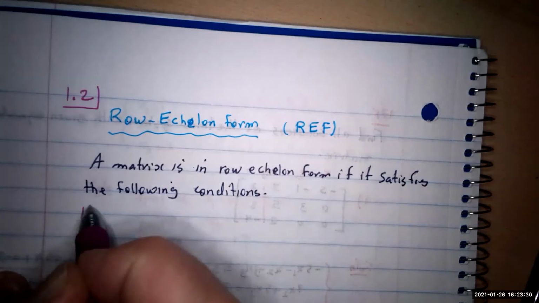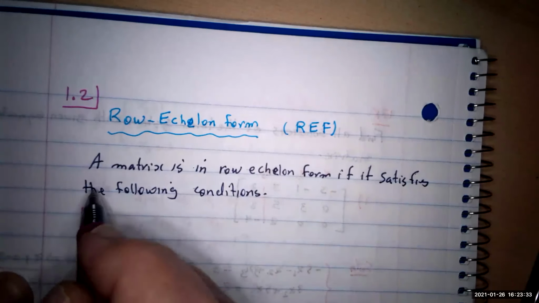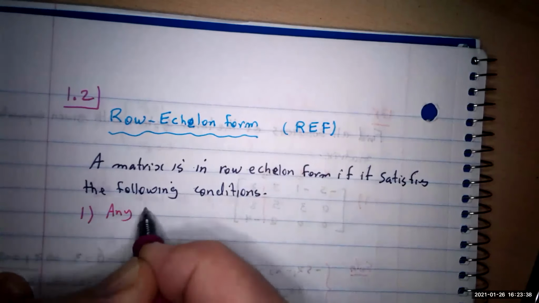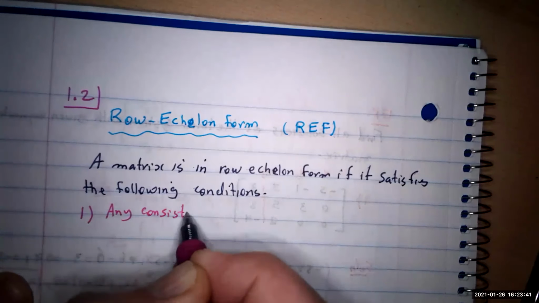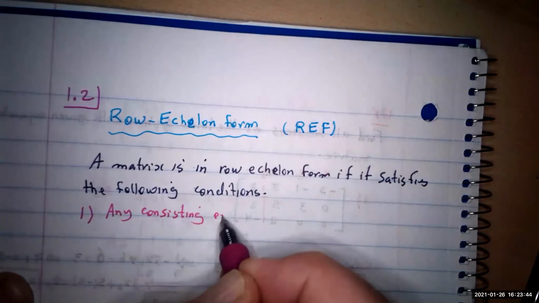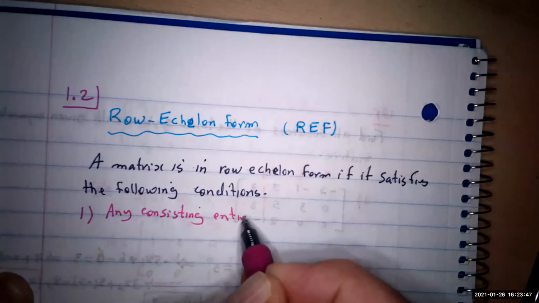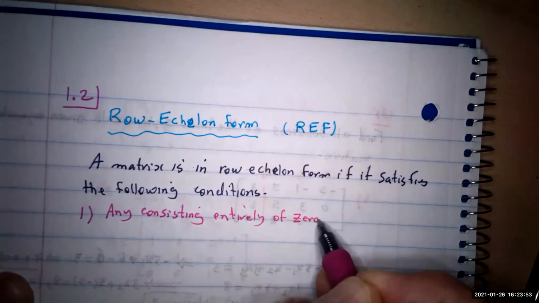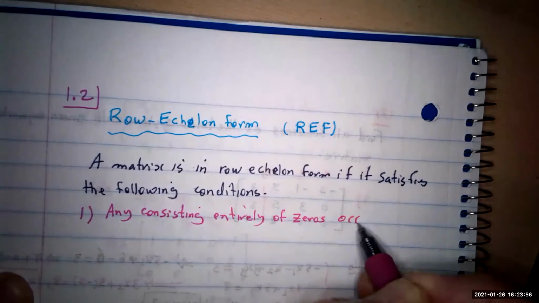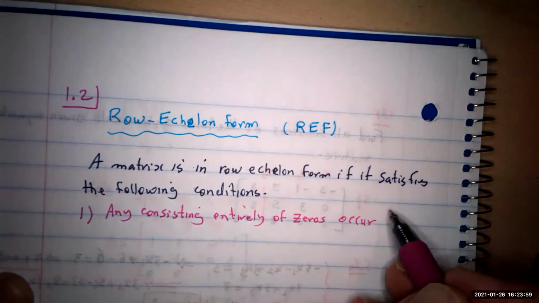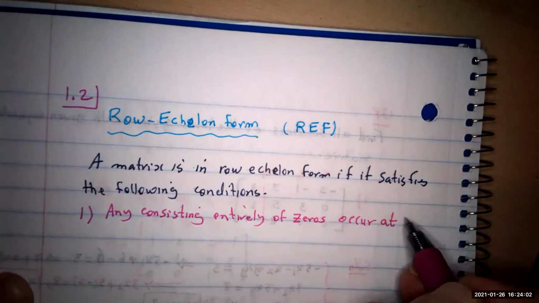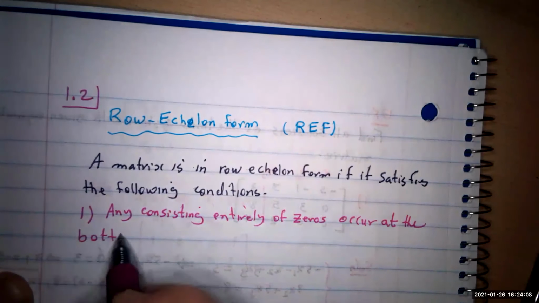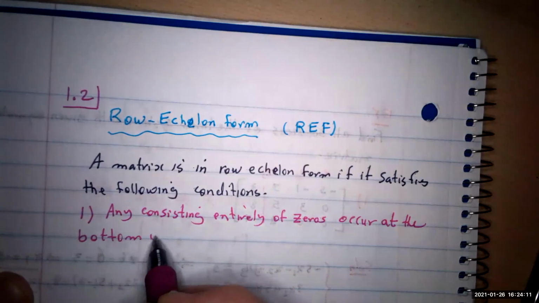The first one, as we talked about: any rows consisting entirely of zeros, all zeros, 0, 0, 0, occur at the bottom of the matrix.